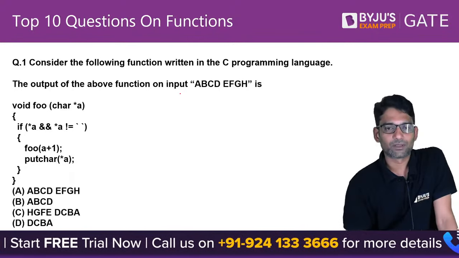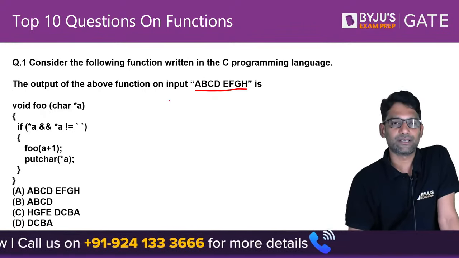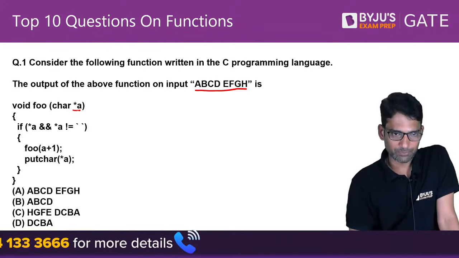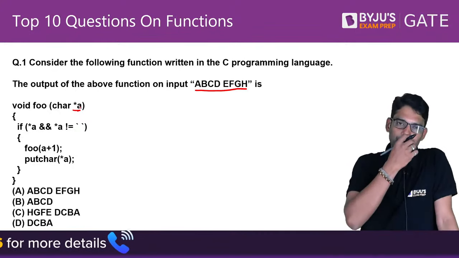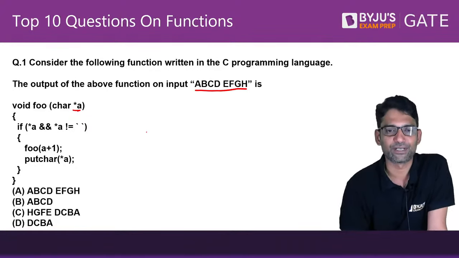Given the input for the function is A, B, C, D, E, F, G, H, and that is passed as argument, and the receiving argument on the other side is a pointer.